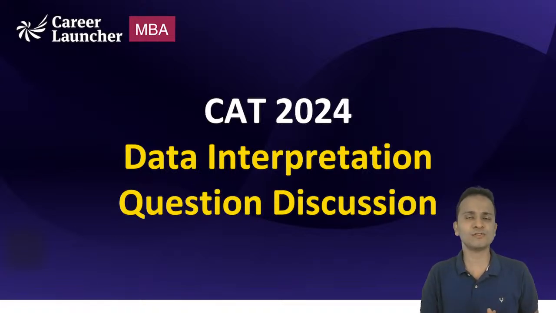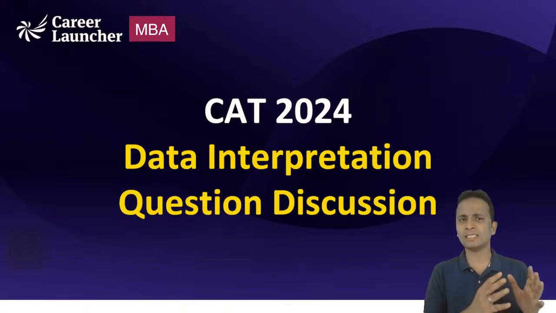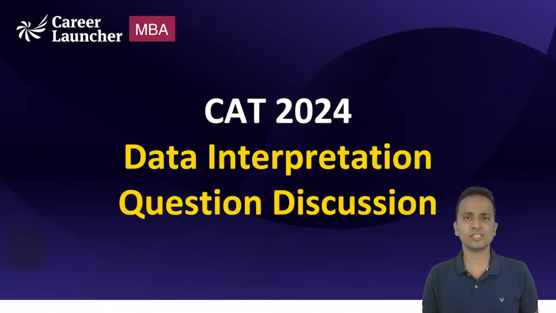Likewise, in this series of sessions, that is the basics of data interpretation, we have started with the basic set of data interpretation, the understanding of different types of data like a bar graph, a table, a pie chart, a line graph. And in each of these sessions, we are solving some of the basic sets of data interpretation.